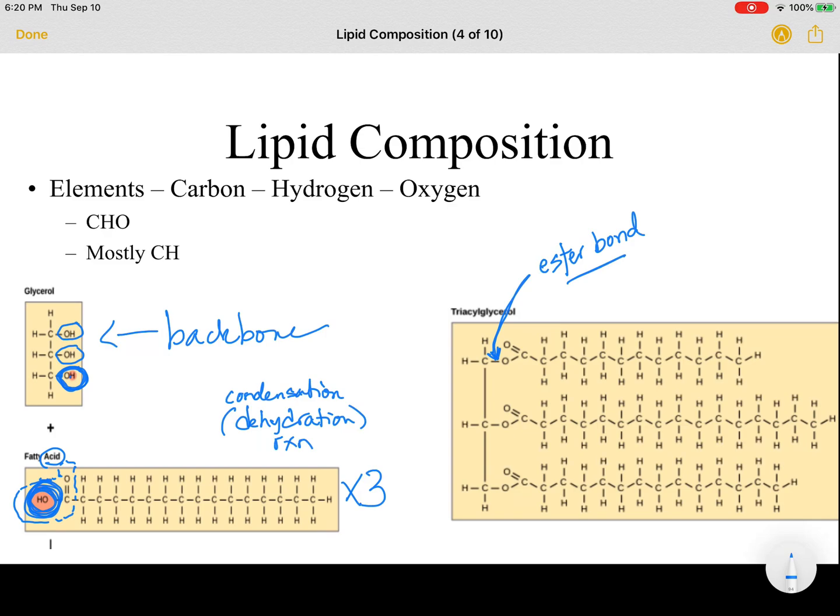And so just like we talked about the glycosidic bond of carbs, now we have the ester bond for lipids. It's basically the same kind of thing happening, we just call it something different. And that is between an acid and that hydroxyl group.